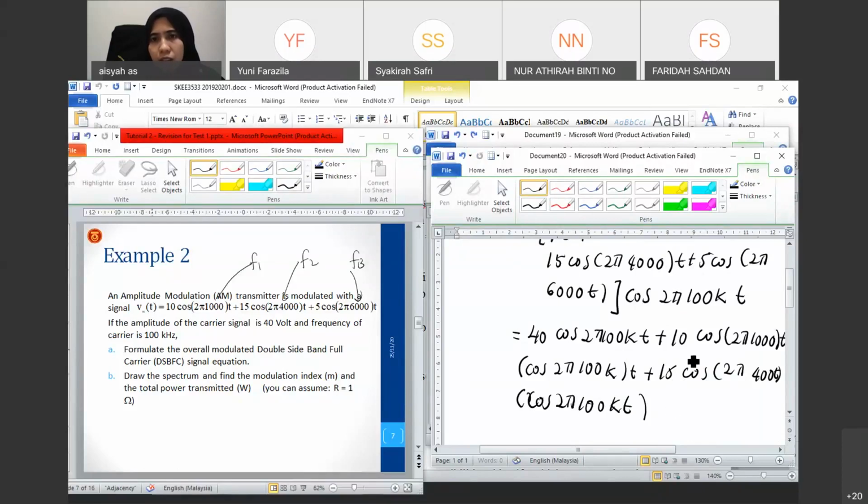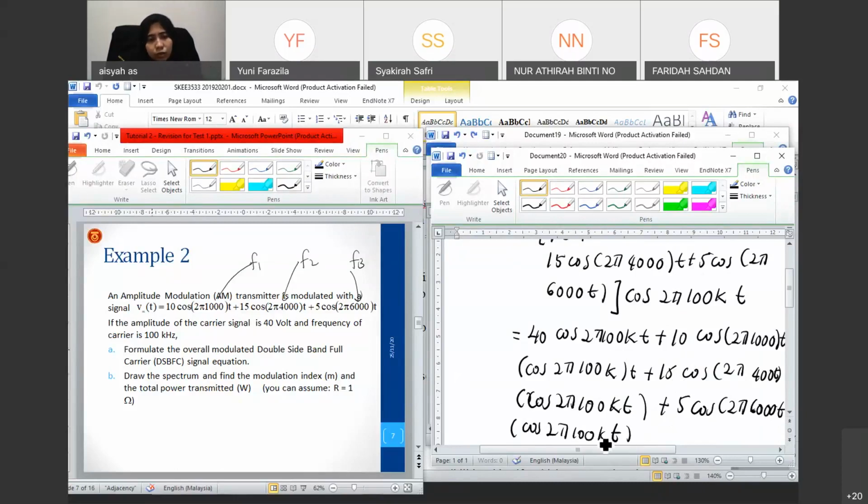And for the third, we have 5 cos 2 pi 6000t times cos 2 pi 100kt.